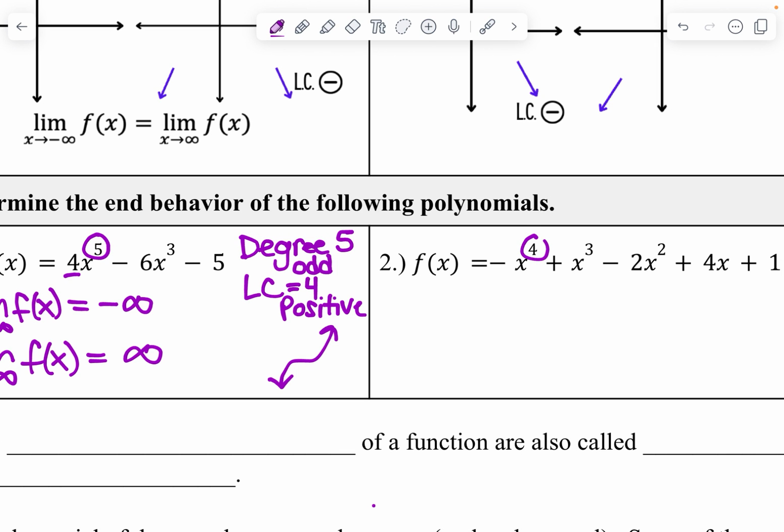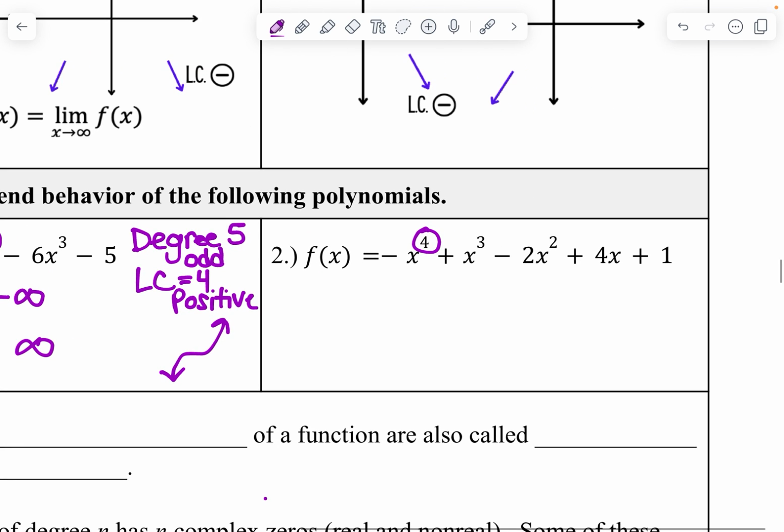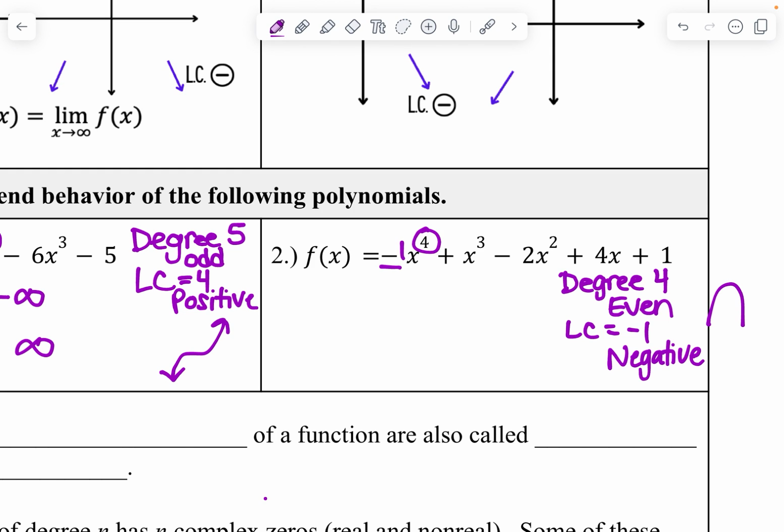All right, on this next example, here our degree is 4, which means it's even. Leading coefficient is negative 1, so it's even negative. So we know even functions, the ends are even, they're at the same spot. Negative means they're both going down.